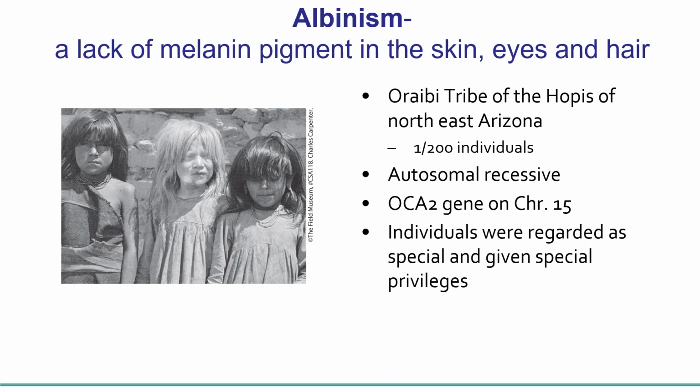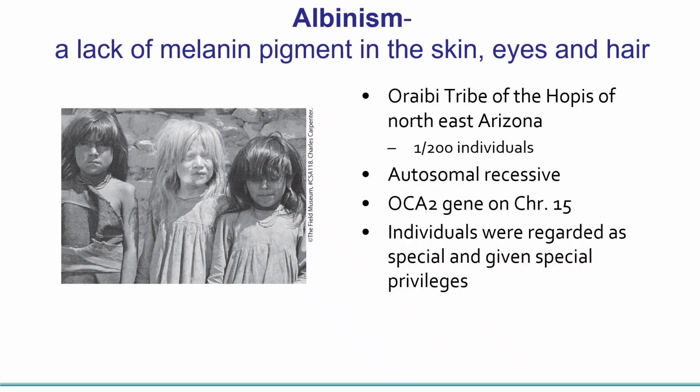Generally, you are not going to be expected to know them ahead of time. We'll learn them if we need to know them. The reason that albinism is relatively high frequency in this population is that these individuals were regarded as special and were often given special privileges.